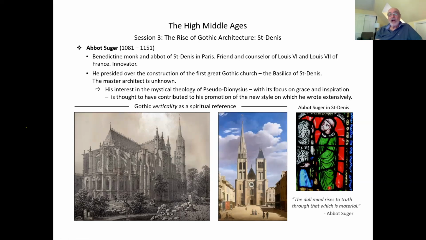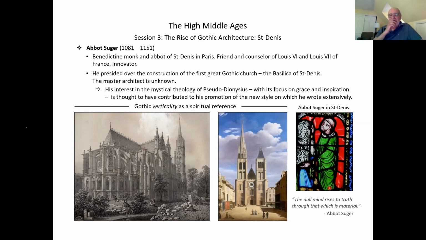And in our last peek at the Renaissance of this period, this great emergence of genius, is Abbot Suger and the rise of Gothic architecture. Abbot Suger, who is the abbot of Saint-Denis in Paris, which is the first great Gothic structure in the world.